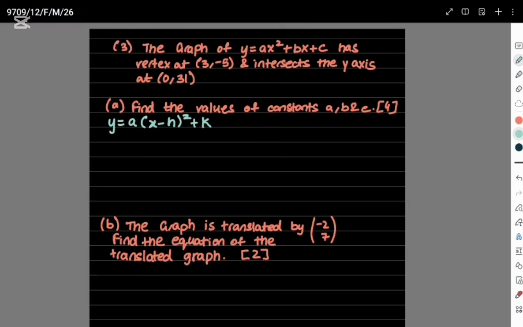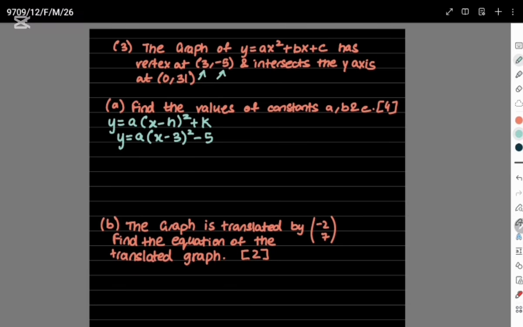Now, let's substitute. y is equal to a into x minus h squared plus k. What is h? h is the x coordinate of the vertex, which is 3. What is k? It's the y coordinate, which is minus 5.